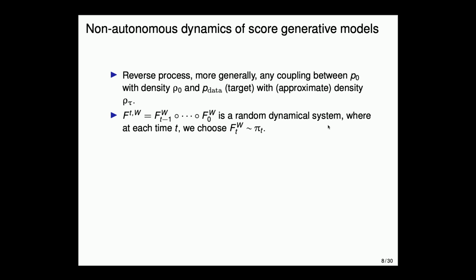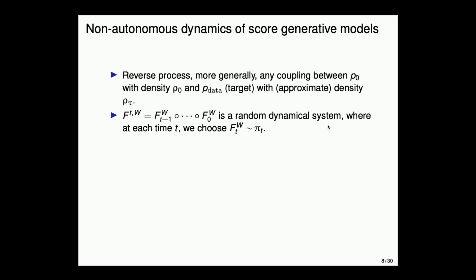It is non-autonomous because at each time we apply a different function f_t, and the w here represents the Wiener process. If you have a stochastic generating process, then there is some additional randomness, and that is what w represents. Our generative model is a composition of these f's with the subscript t, the function we apply to the samples at time t.